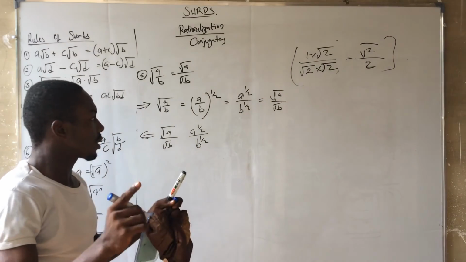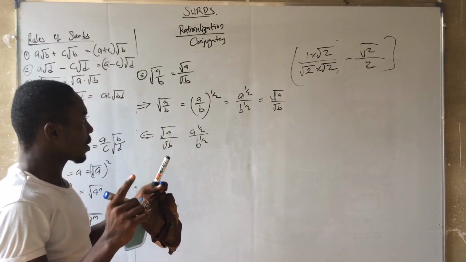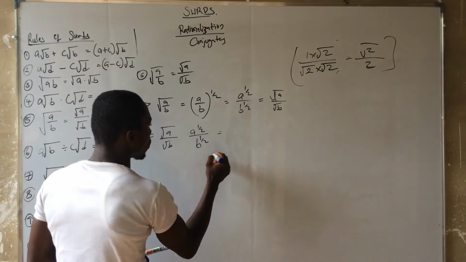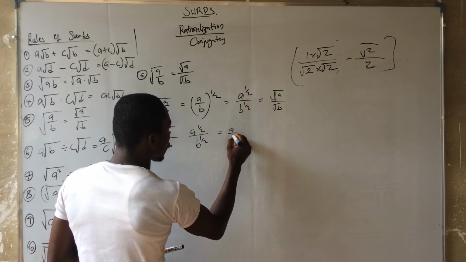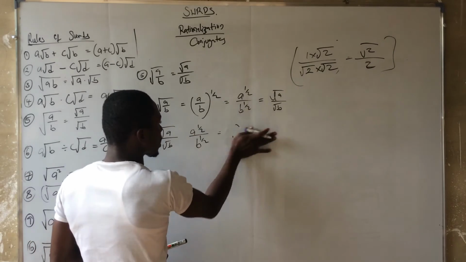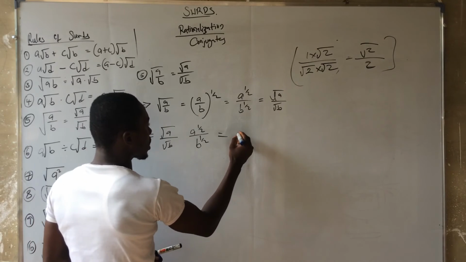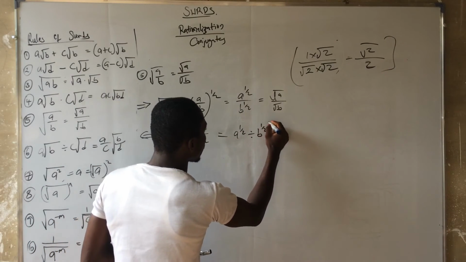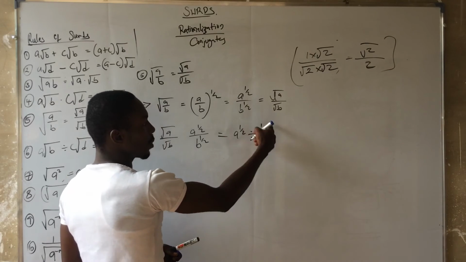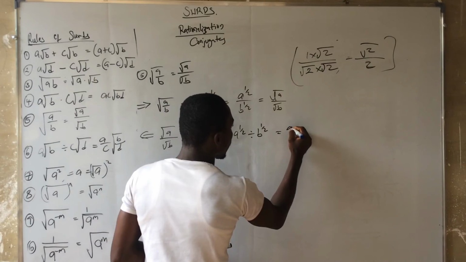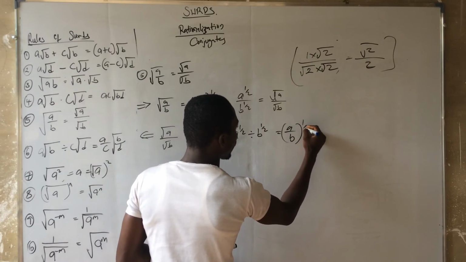And remember, when they have the same powers, this is equal to a over b. Since the powers are common, I now divide the bases: a raised to 1 over 2 divided by b raised to 1 over 2 is a divided by b, all raised to 1 over 2.